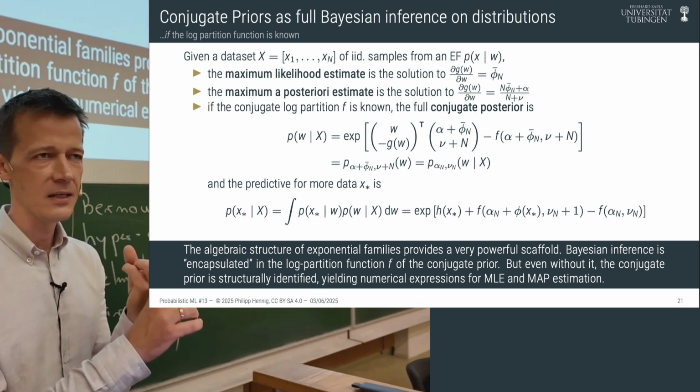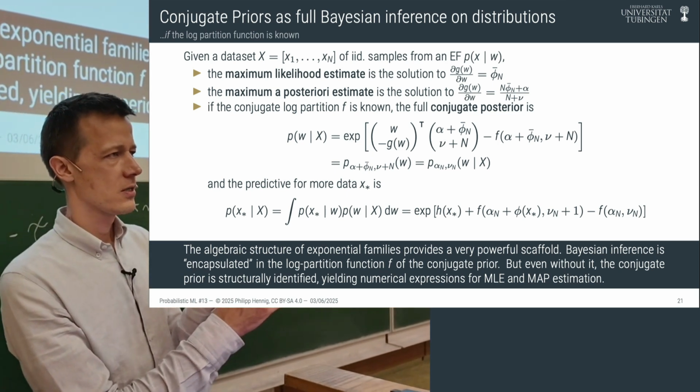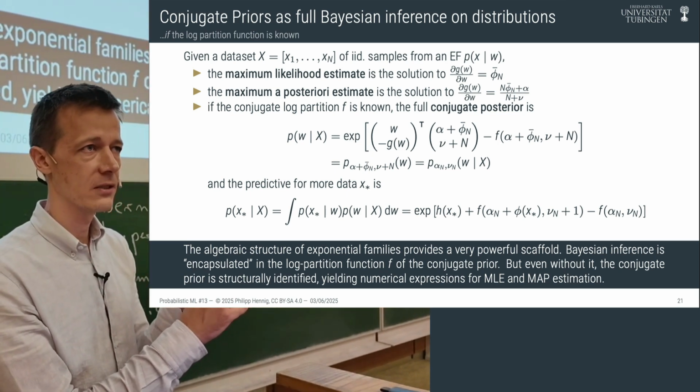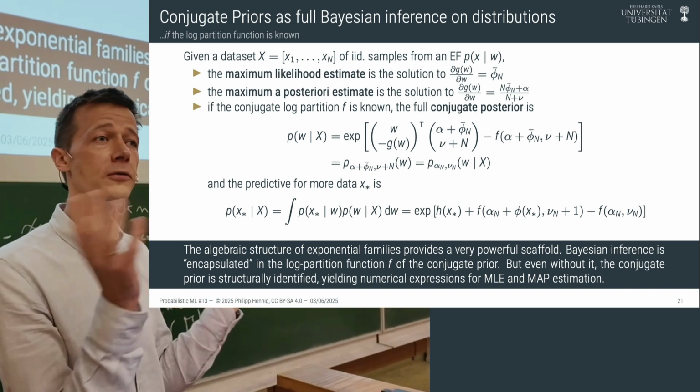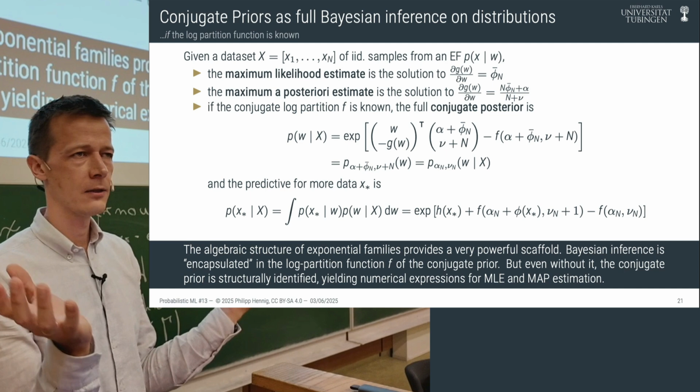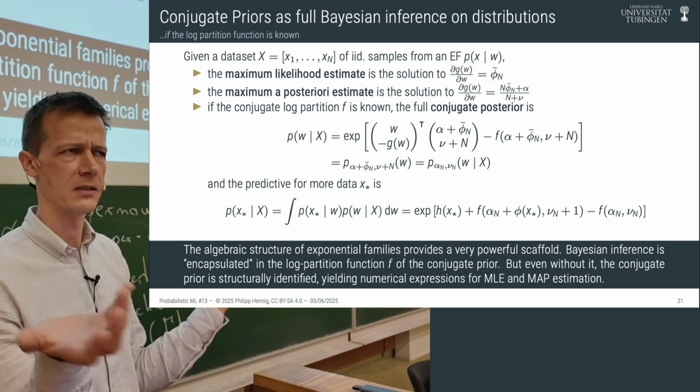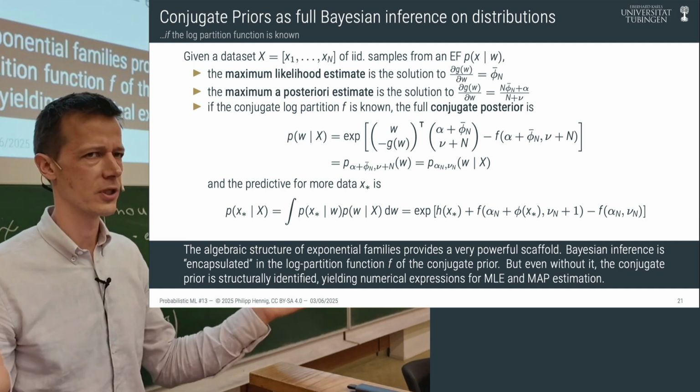And if I'm lucky and I even know the log normalization constant of the conjugate prior, this extra second integral, then I can even do full Bayesian inference on this unknown probability density function, or probability distribution more generally.